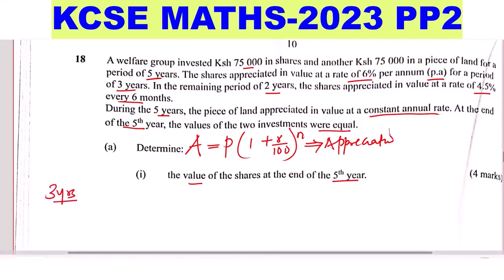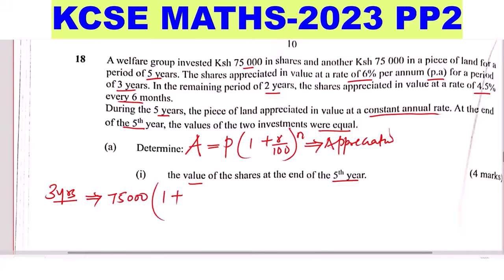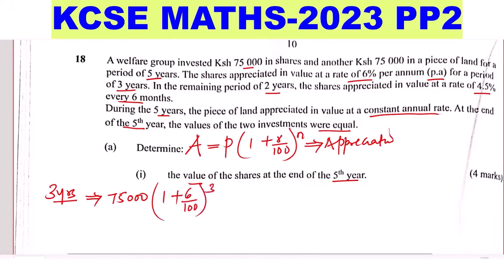For the first 3 years, the amount will be given by the initial amount that was invested, which is 75,000. Then the rate 6%, that is 6 over 100. Then the period is 3 years. This will give us the amount at the end of 3 years.